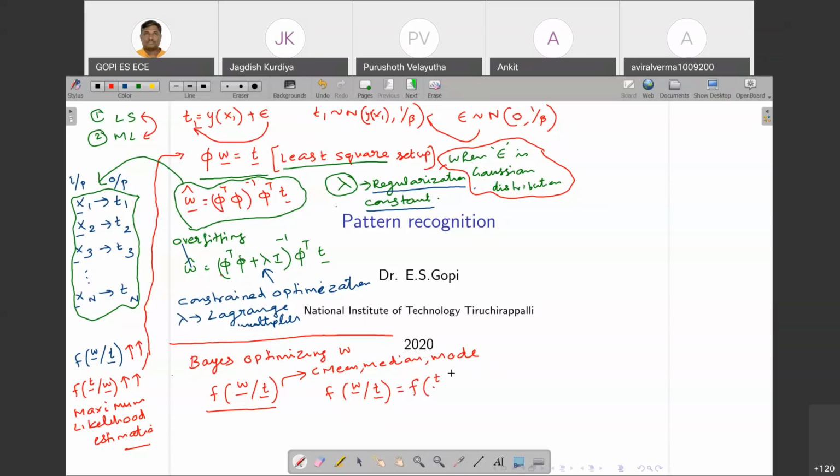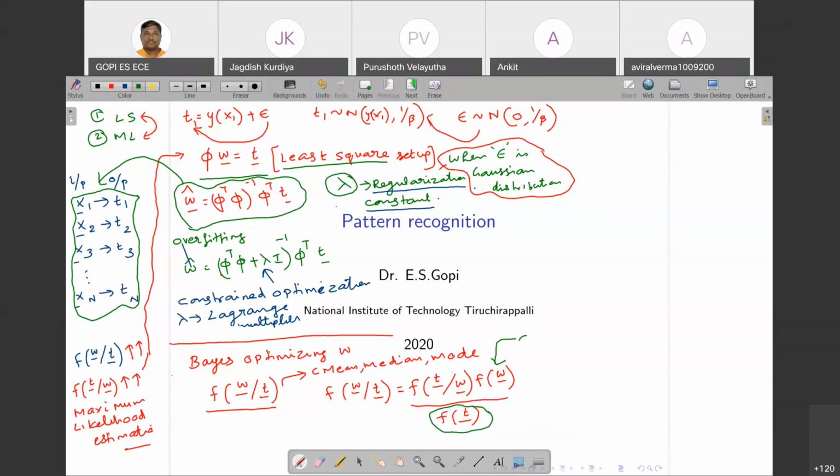But to get this, what is given to you is T given W, f of W. In the likelihood case, we made this f of W constant, that we did.